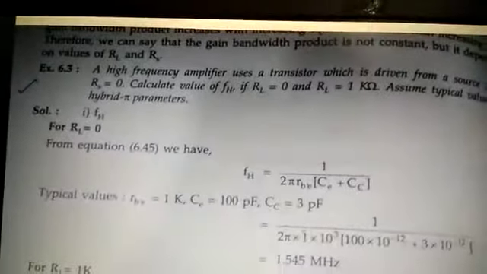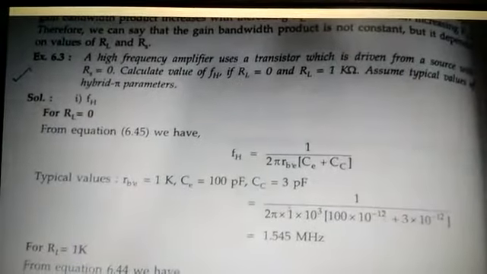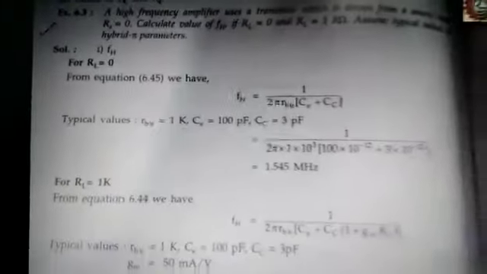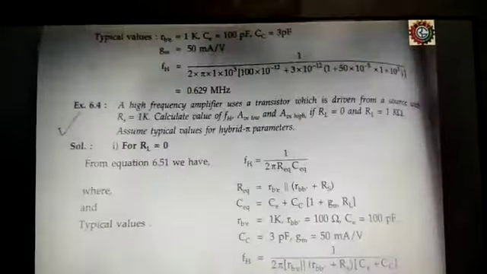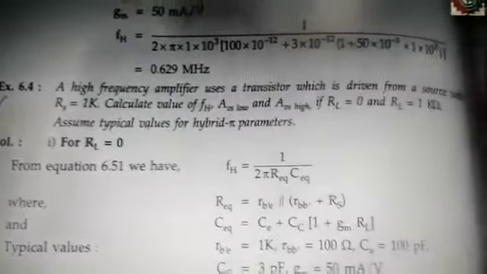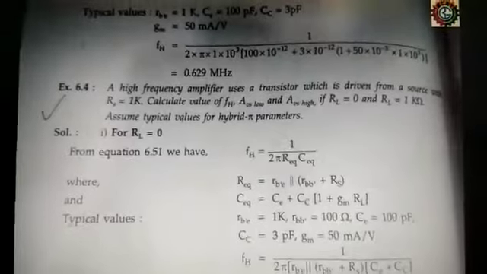Last time we have gone through this problem of the particular book, example number 6.3, and we have seen how to calculate the values. Problem 6.4 we have also seen, on the high frequency amplifier, along with the formulas.